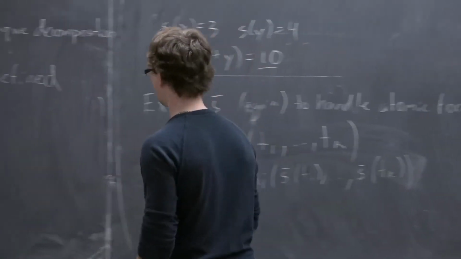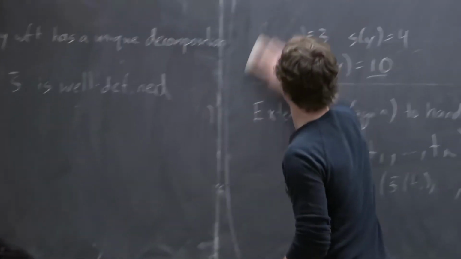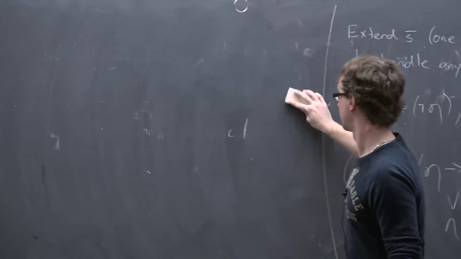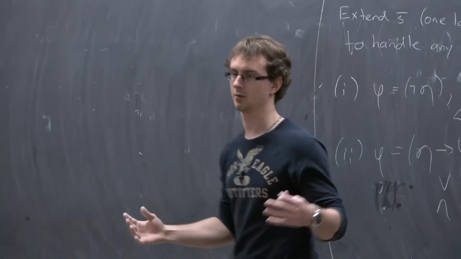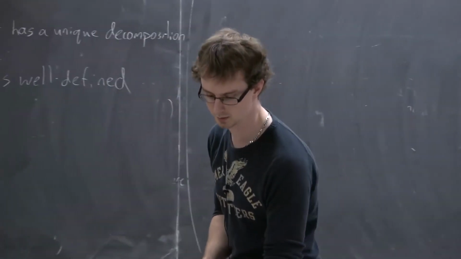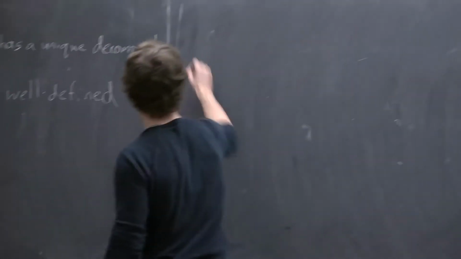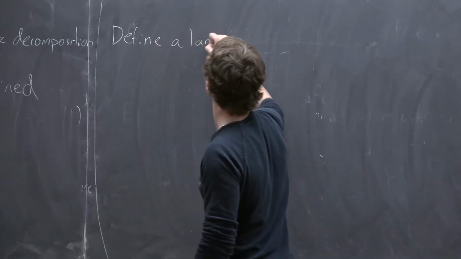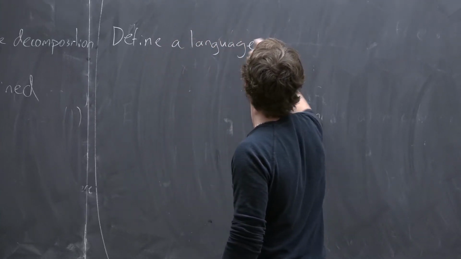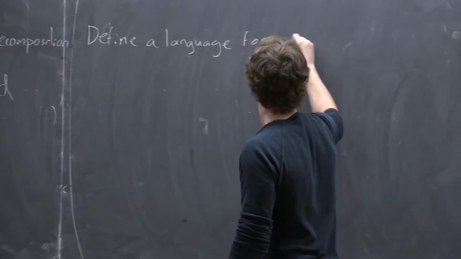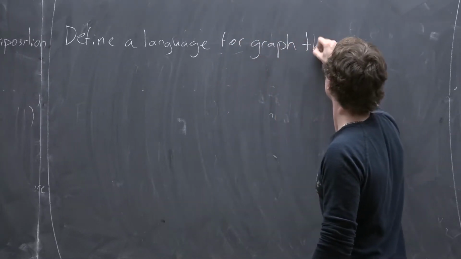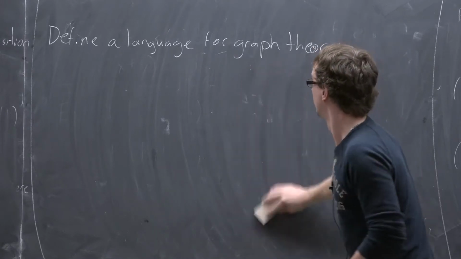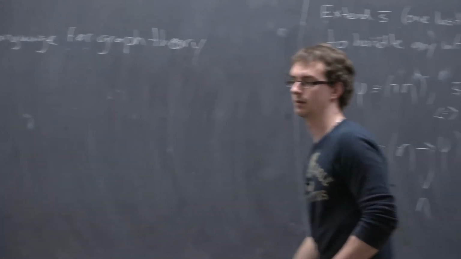So I just want to go over maybe one quick example that tries to bring all of these things together to sort of solidify all of the concepts. So what we'll do is we'll define a language for graph theory. So what is this language going to look like?